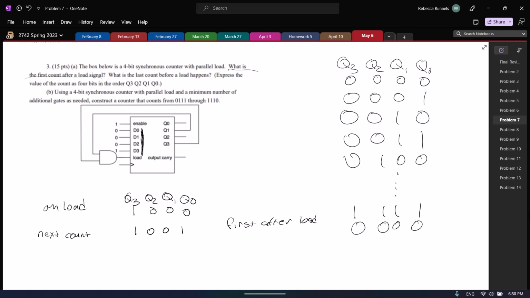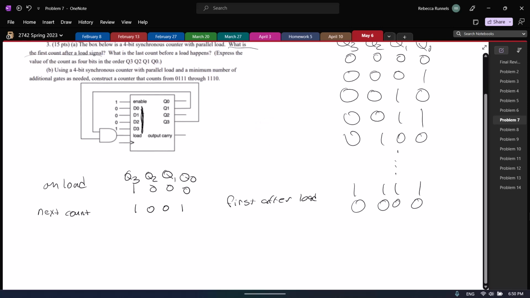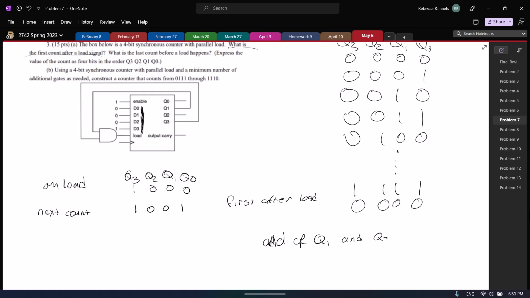Now, it says, what is the last count before a load happens? Well, let's see what makes a load happen. What makes a load happen is we have the AND of Q1 and Q3. So a load will happen if you have the AND of Q1 and Q3.